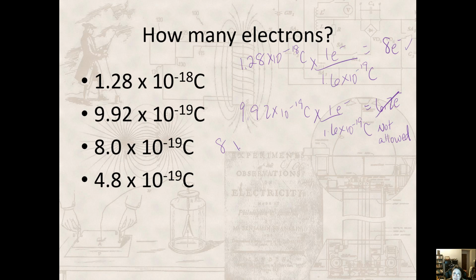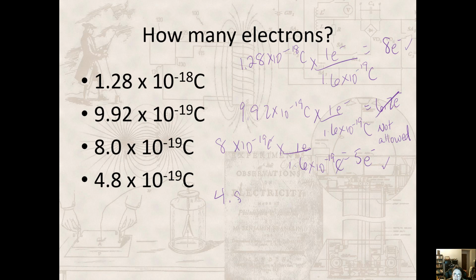Then this is 8 times 10 to the minus 19th coulombs divided by 1.6 times 10 to the negative 19th coulombs per electron. And this is 5 electrons. That's allowed.